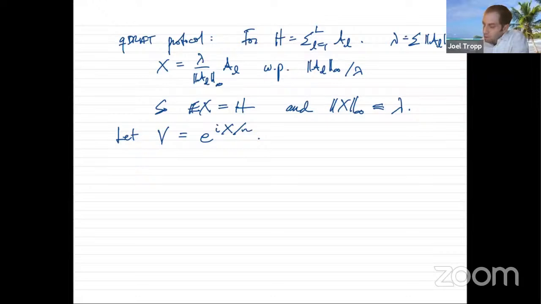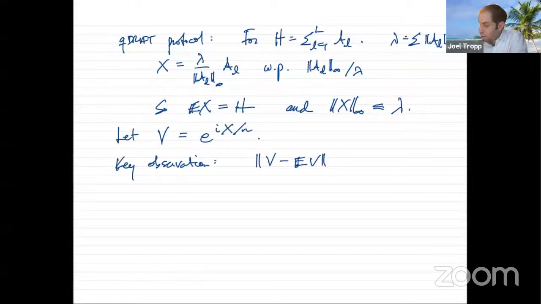And the key observation, which is not very hard to prove, but I'm not going to prove it because I'm a little short on time here, is that this approximation is pretty good. So the deviation between V and its mean is at most 2 lambda divided by n. So each one of these V's is pretty close to its expectation.